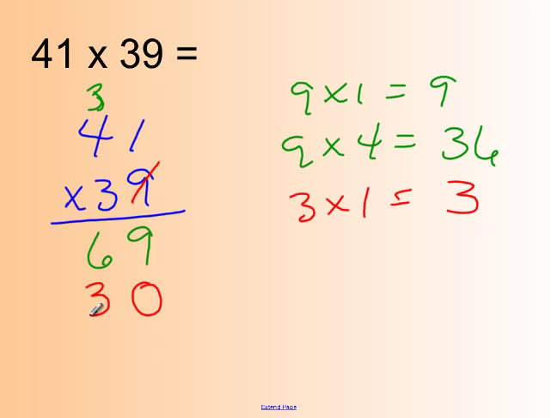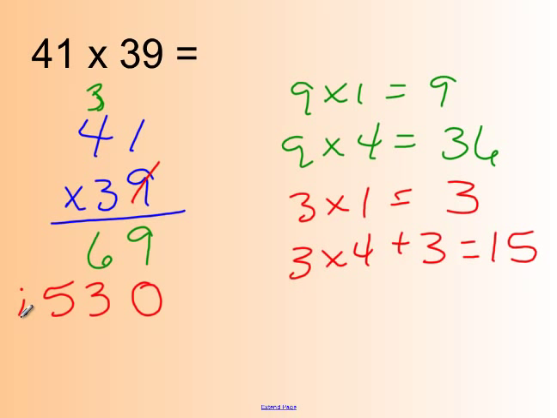And next we're going to do 3 times 4 plus the 3 that we had to carry over. So 3 times 4 is 12, plus 3 more is 15. So the 5 goes here, and there's nothing next door, so the 1 goes here.